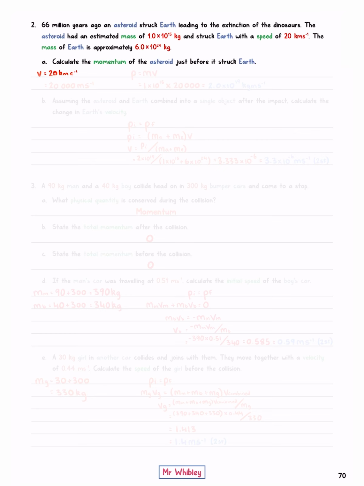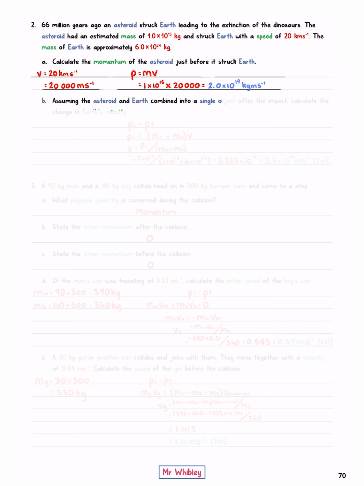Our velocity of 20 kilometers per second, multiplying that by 1,000, gives us 20,000 meters per second. And now to find the momentum, we can just use mass times velocity. Putting in these numbers gives me 2.0 times 10 to the 19 kilogram meters per second. Assuming the asteroid and Earth combined into a single object after the impact, calculate the change in Earth's velocity.